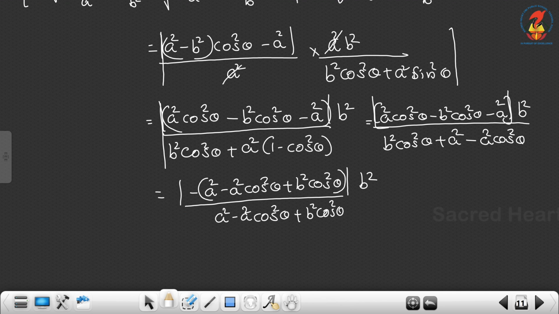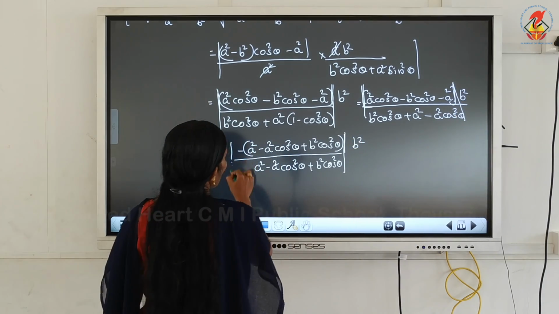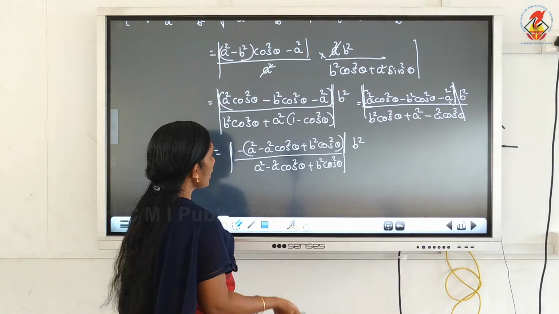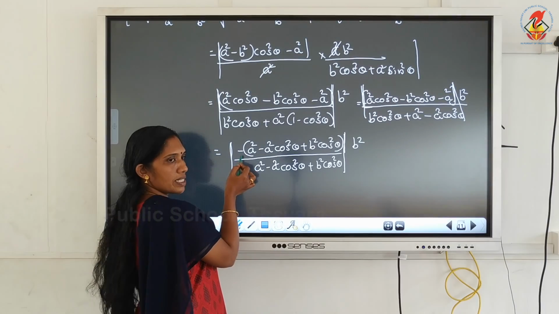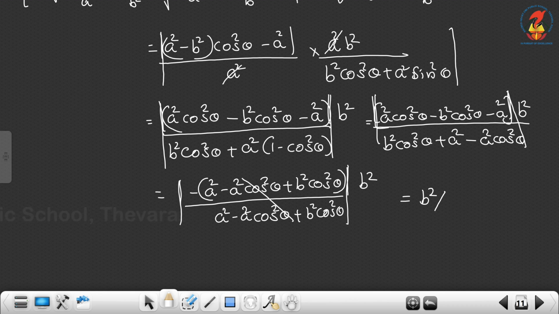So the expression in the numerator and the expression in the denominator. B square either you can put inside the modulus or outside. B square is positive, so these two are same. Modulus of minus means it is a positive quantity, so we can cancel it. So we get it as b square.